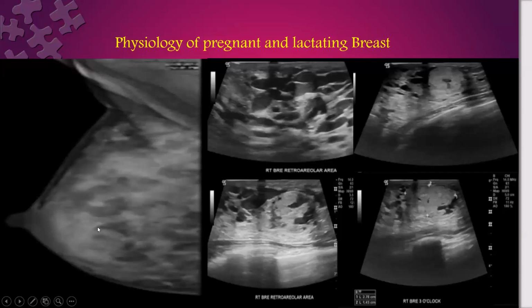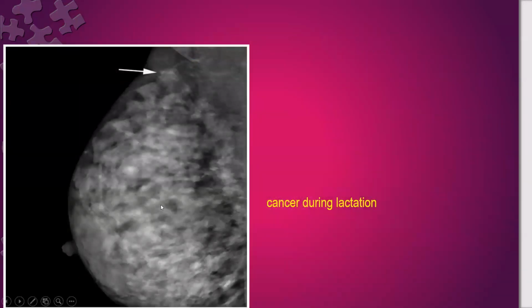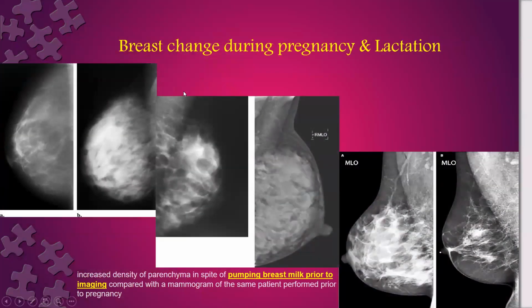Can you see it here? It was very difficult to appreciate. And can you see this small cancer in this extremely dense breast? It could be appreciated. Why? Because it is at the periphery. But if it is within here, even if it is at the periphery, it will be appreciated with difficulty. It's not an easily appreciable lesion.